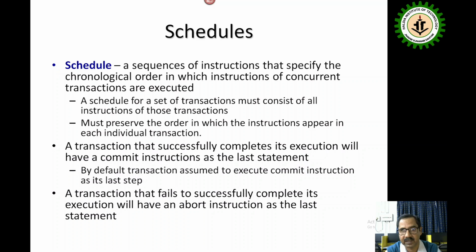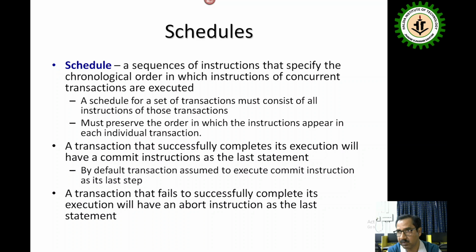So a set of transactions must consist of all instructions of those transactions, so that all the instructions of a particular transaction appear properly and can reflect all the modifications on the database successfully. And the schedule must preserve the order in which the instructions appear in each individual transaction.